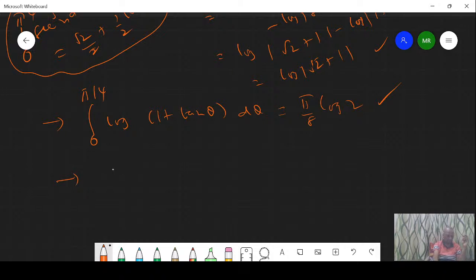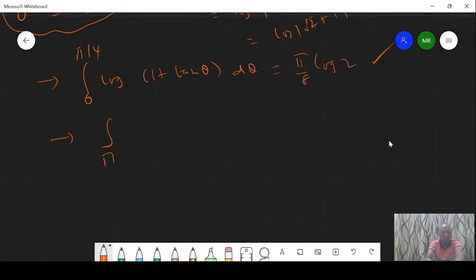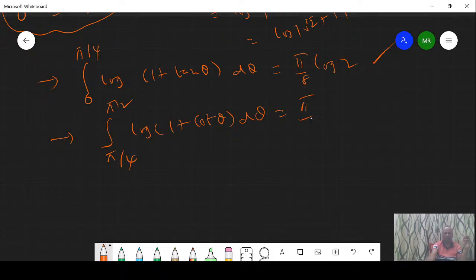Another one, if they are given the integral from pi by 4 to pi by 2 of log of 1 plus cot theta d theta, this is also equal to pi by 8 log 2.